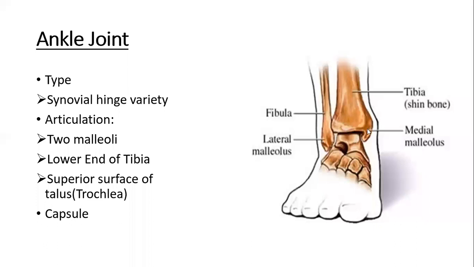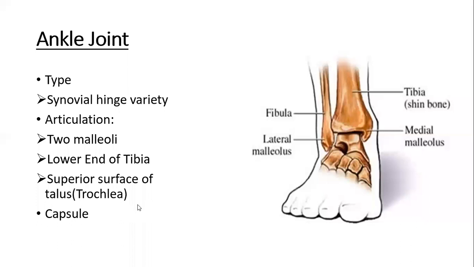So these two malleoli, the medial malleolus of the tibia and lateral malleolus of the fibula, are basically holding the superior, convex surface of the body of the talus into the concave inferior surface of the lower end of the tibia. The superior surface of the body of the talus is also called the trochlea because it is pulley shaped.